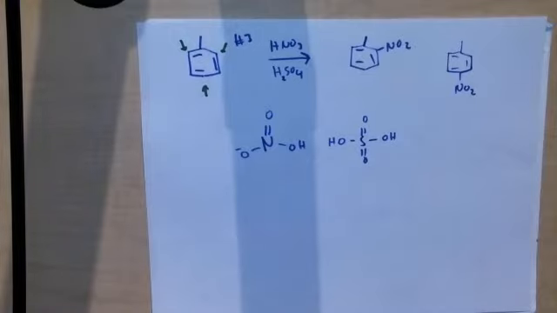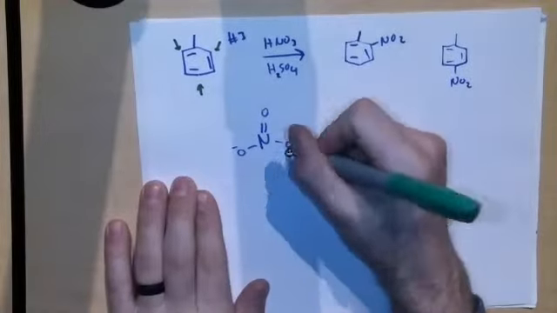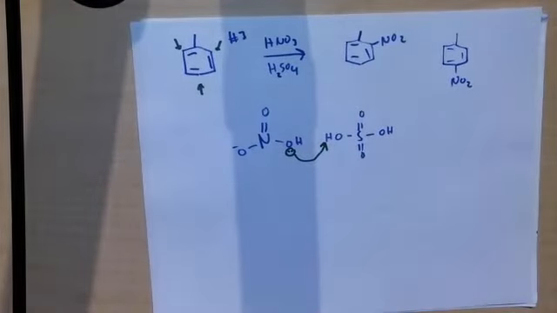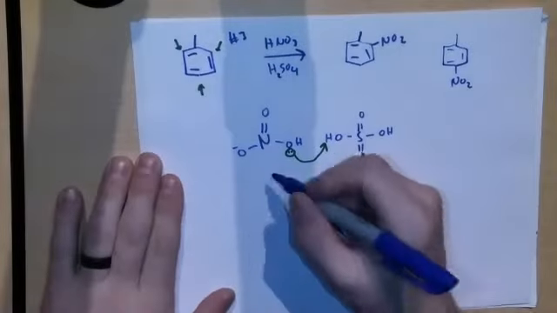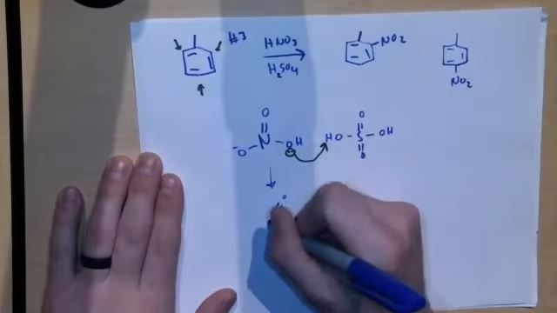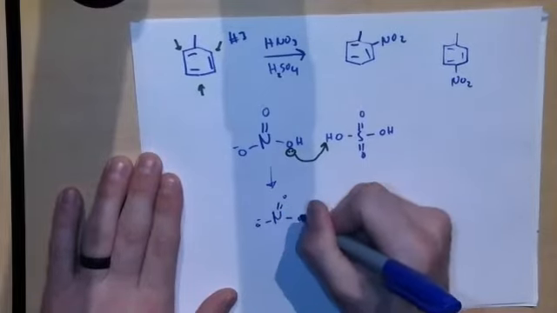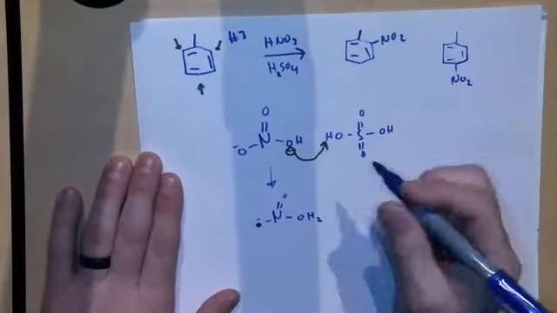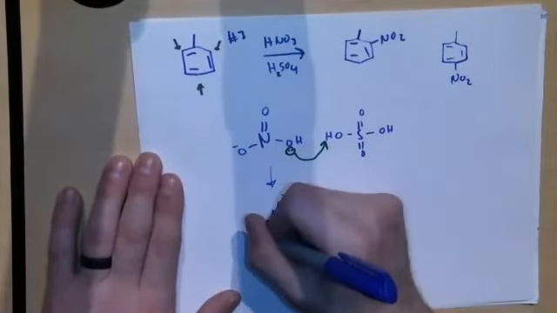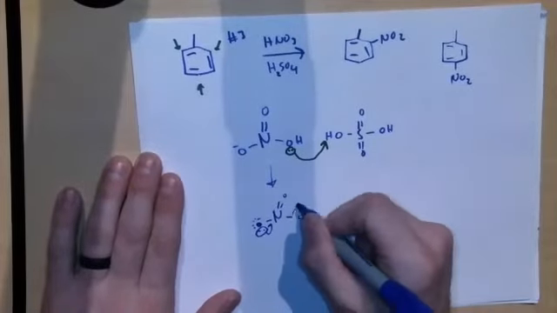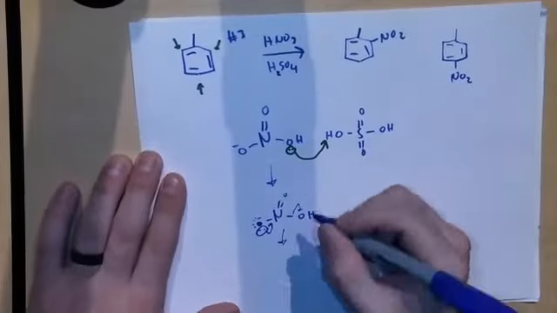So it's going to donate a proton to our nitric acid here. We'll make water again. Our oxygen with the negative on it can kick it out. And we're going to make our electrophile.